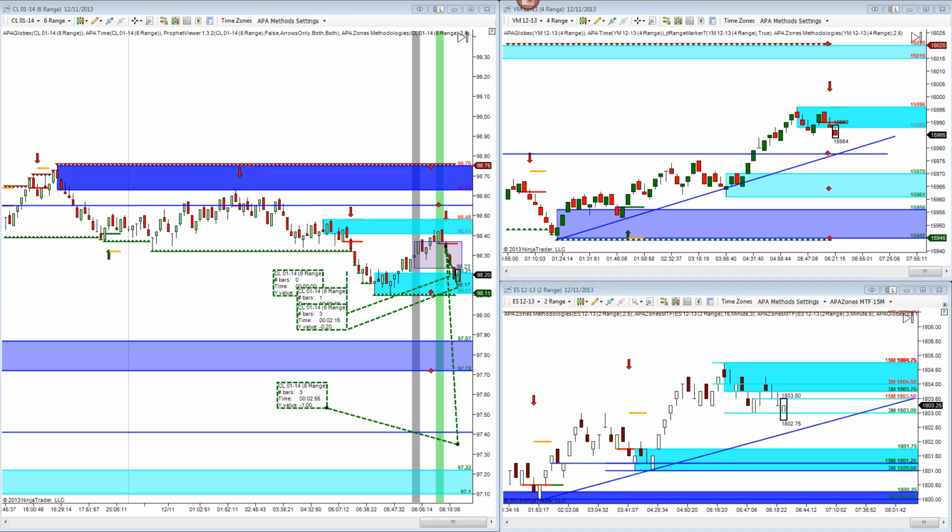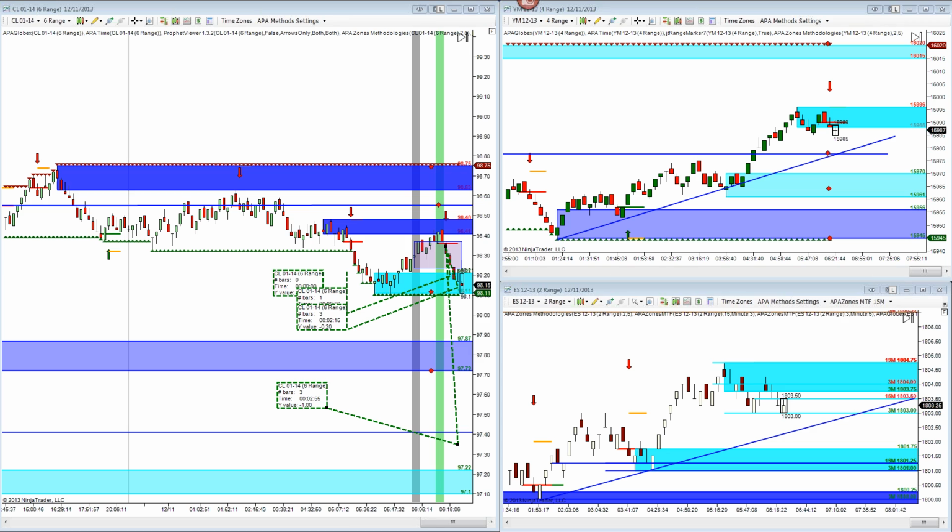But I wonder if that could be a sign of exhaustion, possibly, when medium-sized volume comes in on a large candle. I don't know. Only time will tell. Anything can happen.